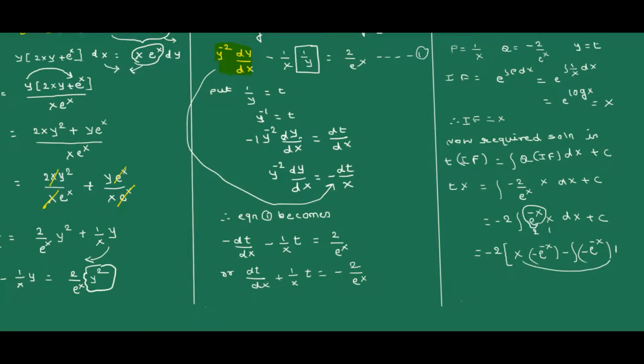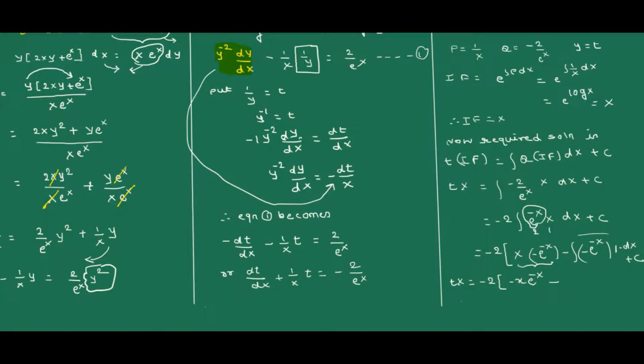Differentiation of the first term is 1 into dx, plus c. So this is tx is equal to minus 2 as it is, integration of. If you simplify this, you will get minus x into e raised to minus x. Then minus I will write as it is.